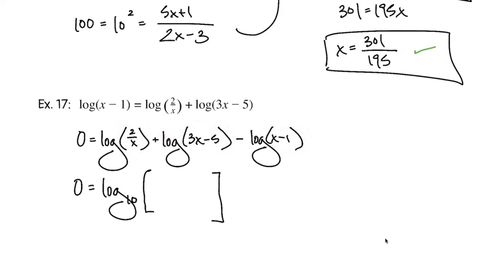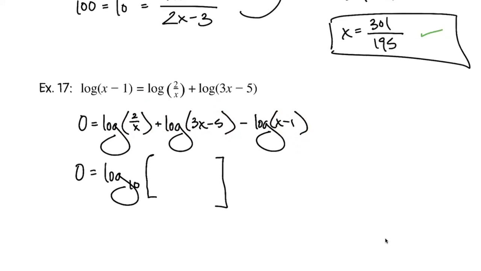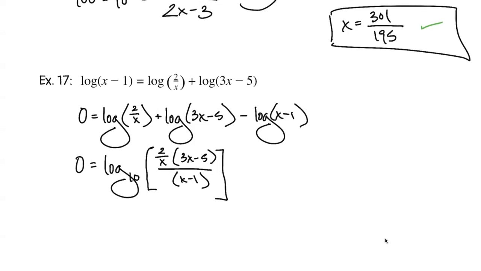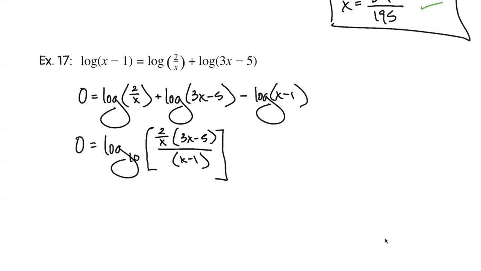Divide. So if we just write this out, we'll get 2 over x times 3x minus 5 over x minus 1. My suggestion would be to go ahead and write it in exponential form right now. I know this is kind of gross looking.